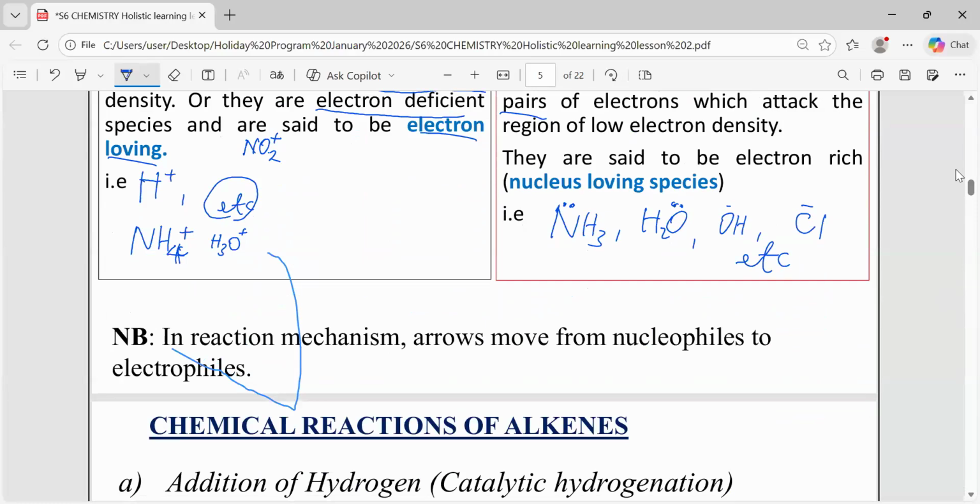In reaction mechanism, arrows move from nucleophiles to electrophiles. I think that one is very clear. We are moving from nucleophile, where it is electron rich, to electrophile, where it is electron what?